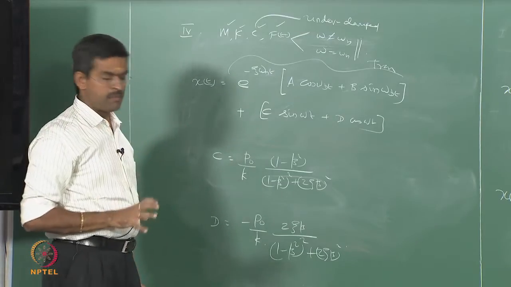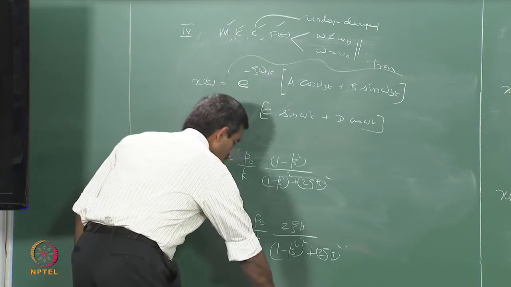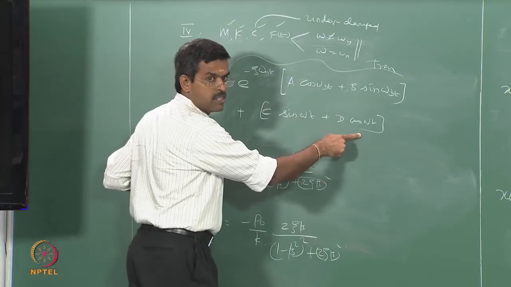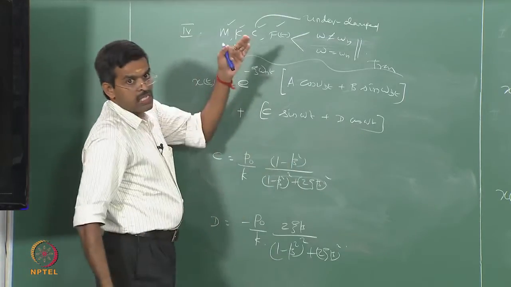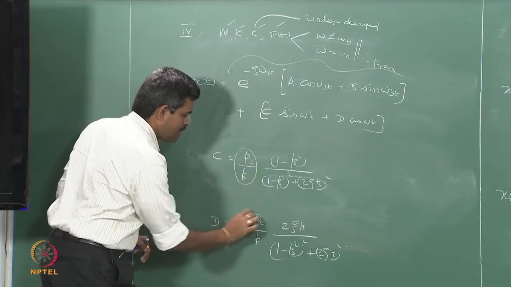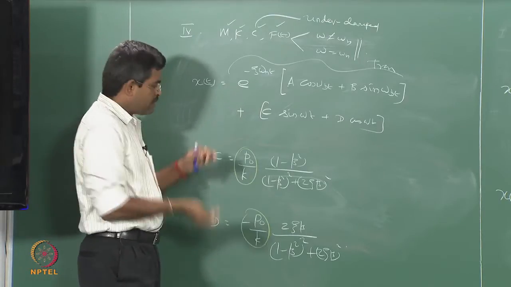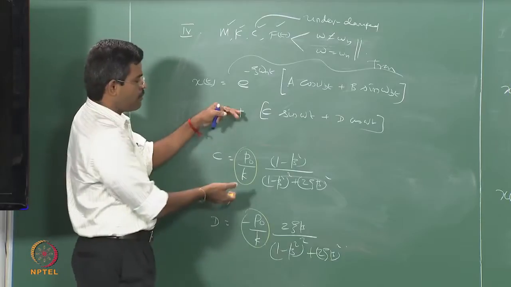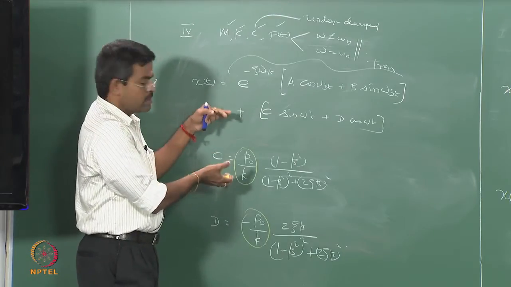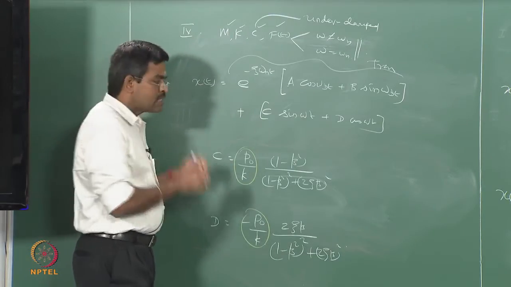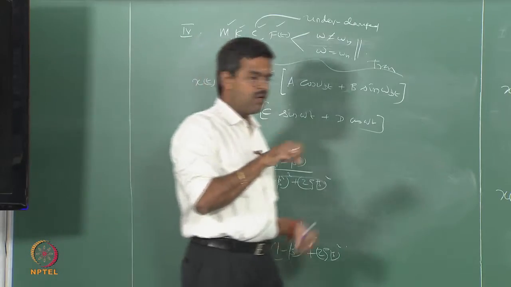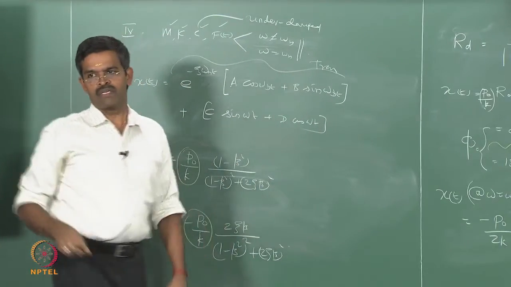Most importantly, please understand that the steady state response is nothing but a magnification of a static response. So, there is a factor which magnifies p0 by k, and p0 by k is generally called the static response. So, let us see what is the D factor, what we call the dynamic amplification factor.